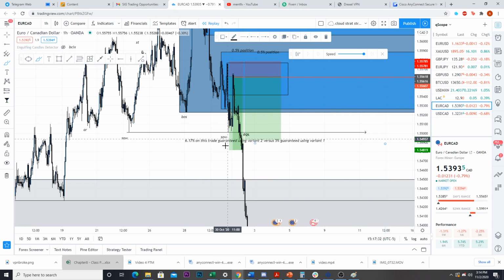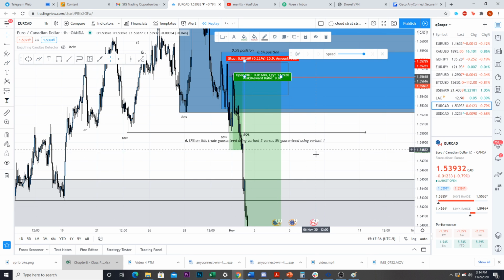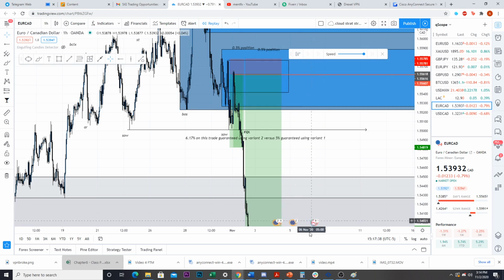So even if you took 70% off here and then let the rest of the 30% continue running, you'll notice that that 30% on 1 to 9 can make you almost equivalent to what you made on that 70%, right?